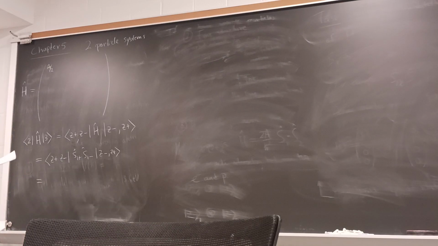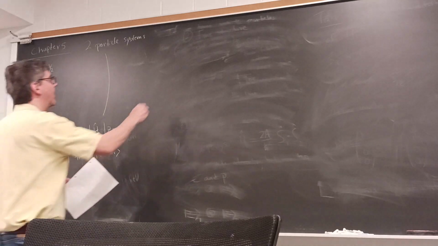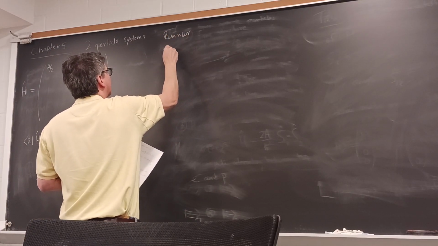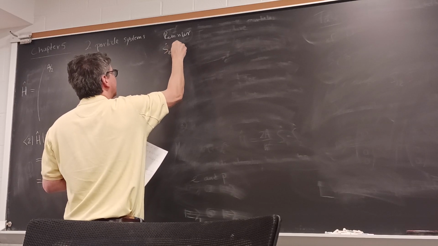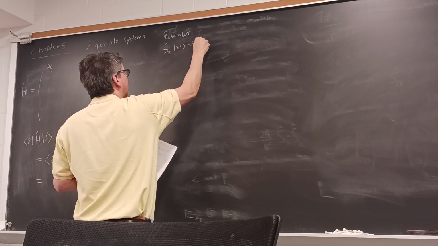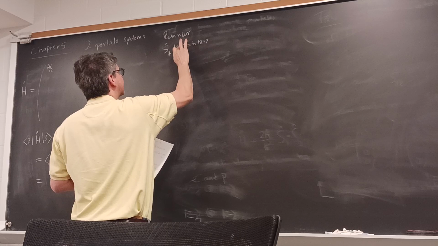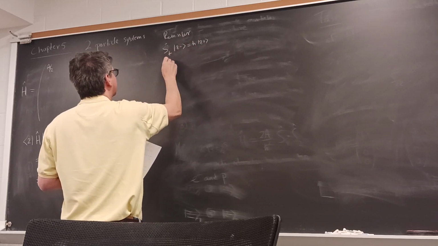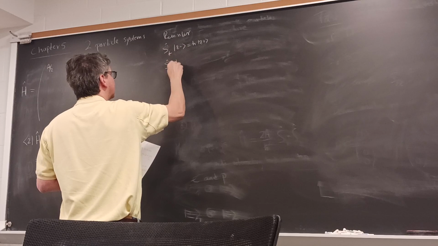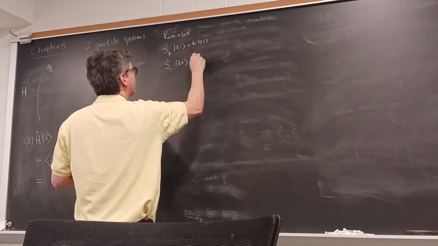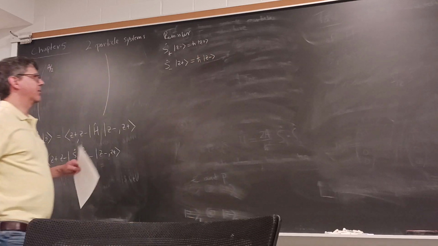Okay, so what did the plus operator give? It was just H bar, right? Yeah, S plus, just to remind you. S plus on Z minus is H bar Z plus, and S minus on Z plus is H bar Z minus, with the rest 0.